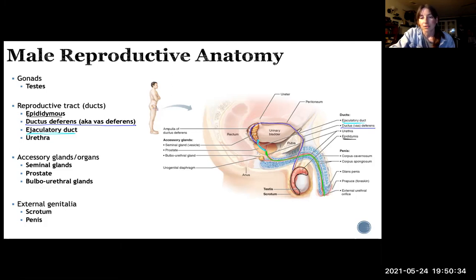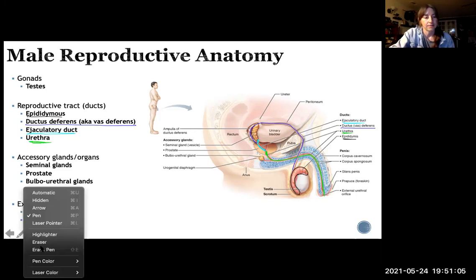But the urethra is also used to conduct semen, right? So the urethra from here down is a shared structure. This part is just for urine, and this part is just for semen. But for this all the way down, it does both, right? Urethra.